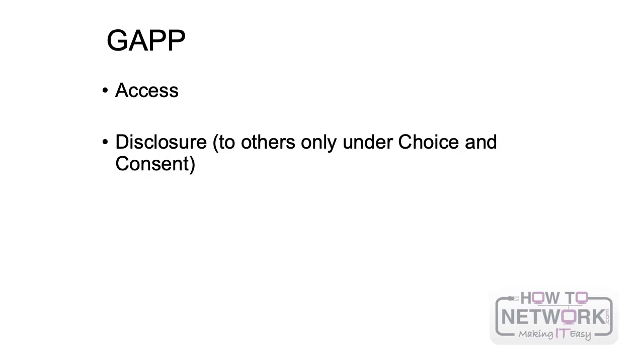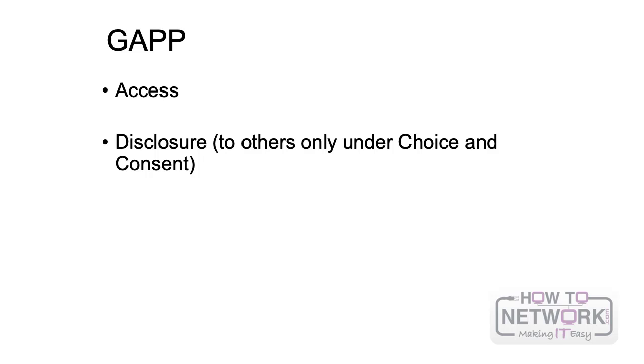The disclosure practice says that if the organization that is collecting the user's data is at any point going to disclose that information to another organization, that must also be made available. The user must also be aware that may happen.